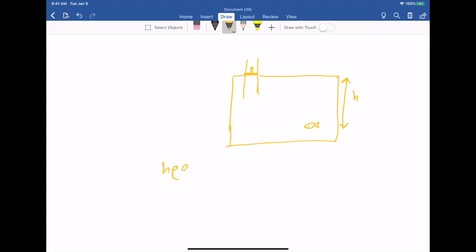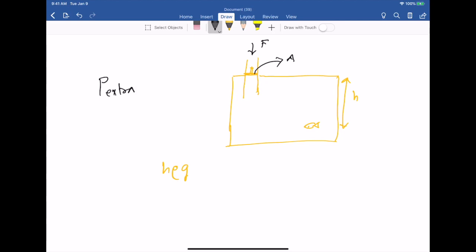Now let's say you start pushing down on the piston. Let's say that the area of the piston is A, and the force that you're applying is F. So how much pressure are you applying through the piston? Let's call that P extra.